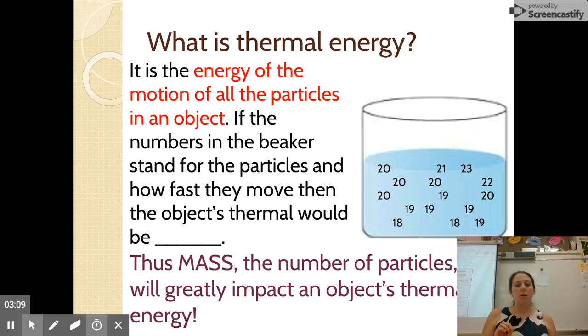If the number in the beaker stands for the particles and how fast they're moving, then that would be the object's thermal energy. Thus, this is the part you're going to write down: the number of particles will greatly impact the thermal energy of the object. The 2 beakers that we heated up, one had a lot, one had a little.